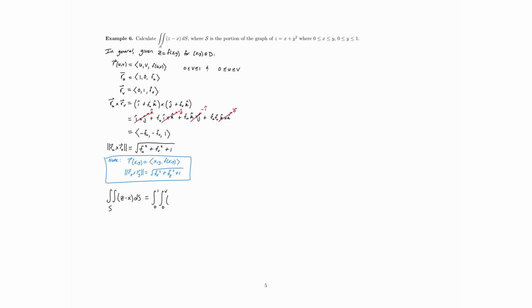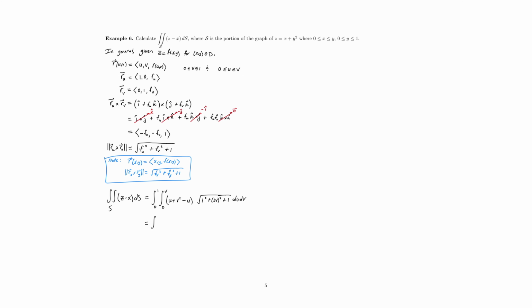z would be u plus v squared minus u, times the magnitude of the derivative, which would be the square root of our u partial squared, which would be 1, plus our v partial, which would be 2v, oh sorry, squared, this should be squared, 2v squared, plus 1, du dv.